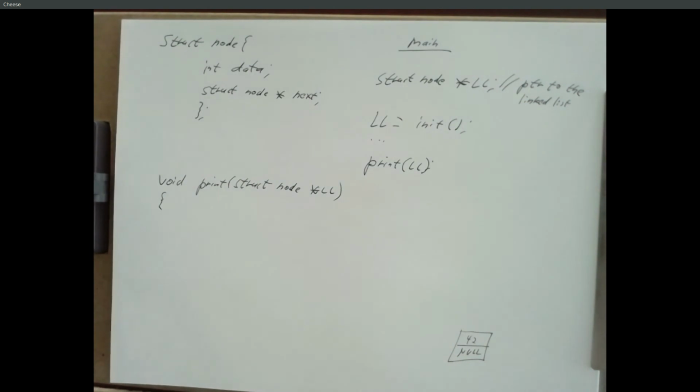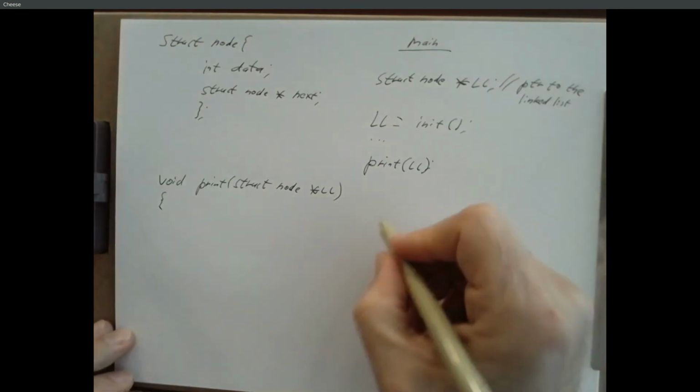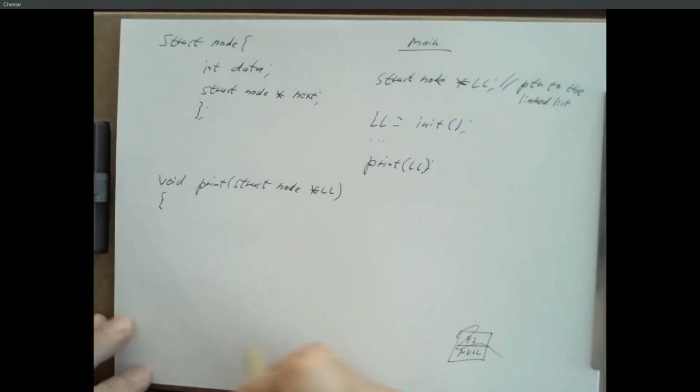So void print struct node star LL. Well, let's make a picture of a bigger list.